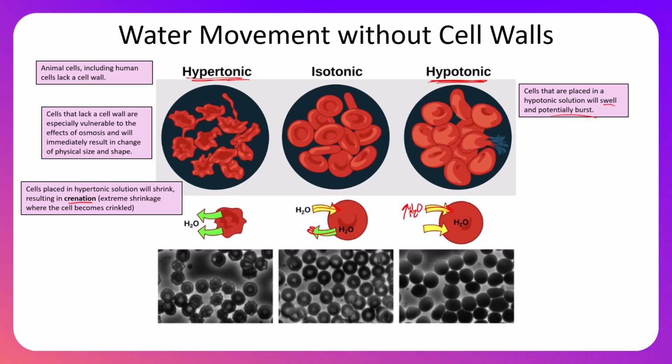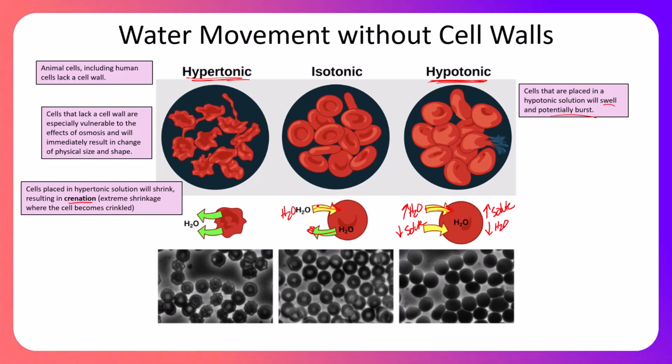So if water is higher than it is inside, the solute concentration by default will be lower than the solution inside the cell, which in this case, if water is moving in, will have a higher solute concentration and therefore a lower water concentration. What are they trying to reach? Equilibrium or isotonicity, which is that dynamic equilibrium where water moves in and out at the same rate.